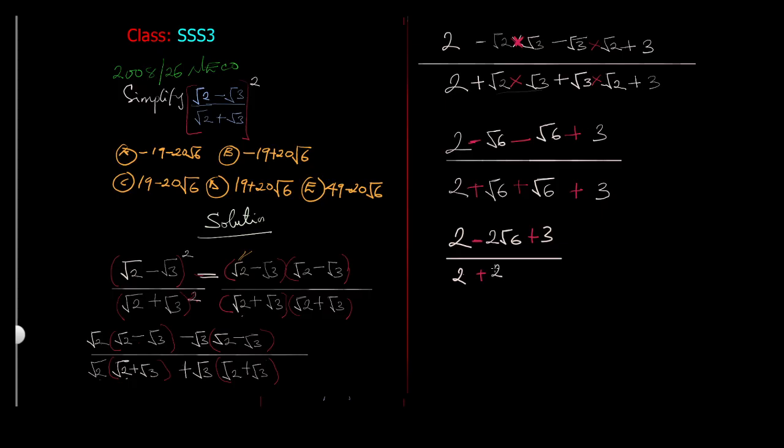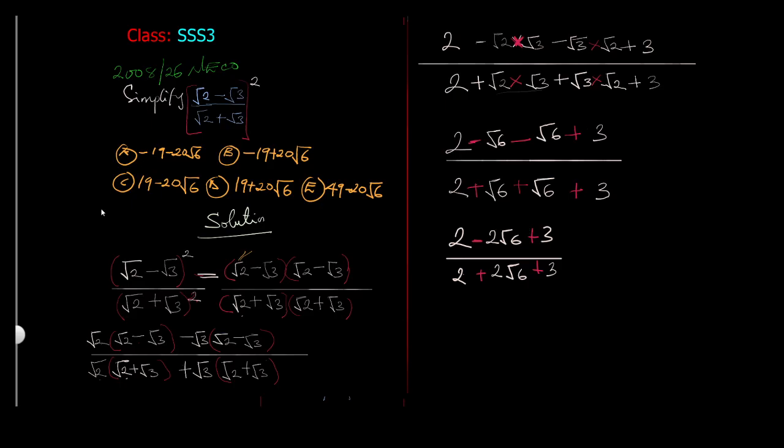Then we bring in our plus 3. We are making progress, and we can collect like terms there.